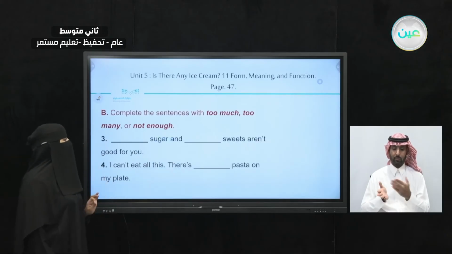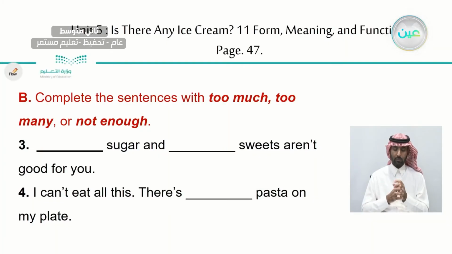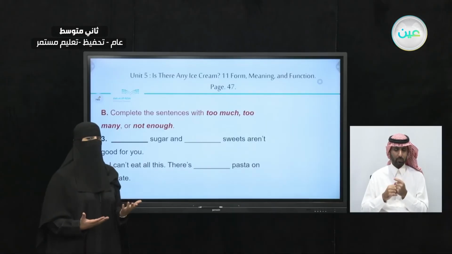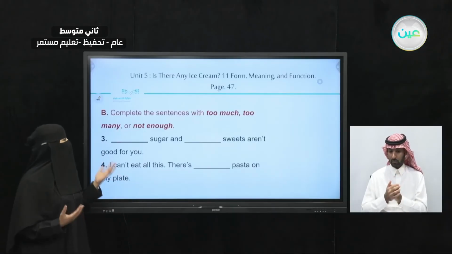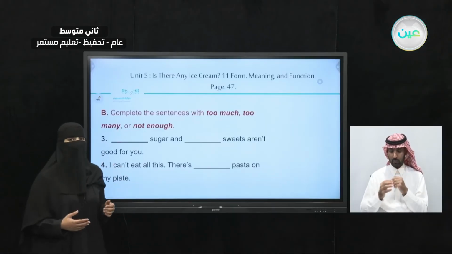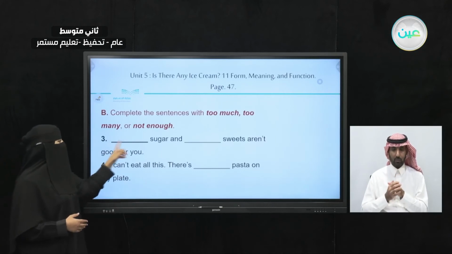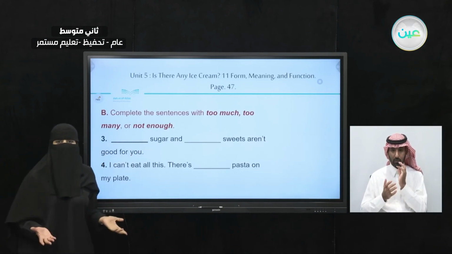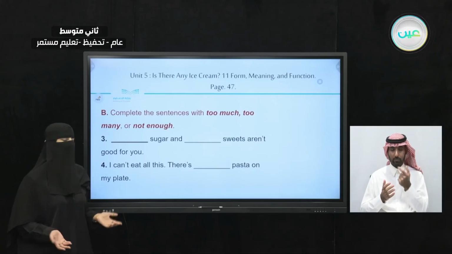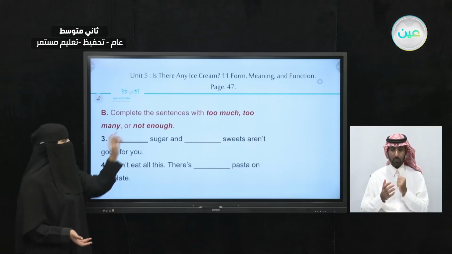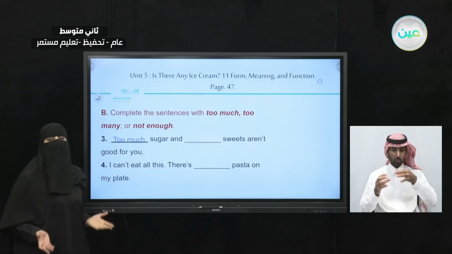Now, let's take a look at the next one. Something sugar and something sweets aren't good for you. So what are we going to use? Too much, too many, or not enough? For sugar, is it a count noun or a non-count noun? It's a non-count noun. That means we're going to choose too much.